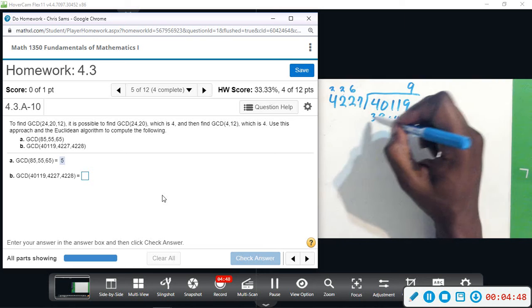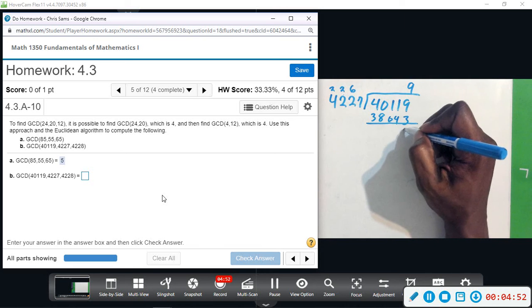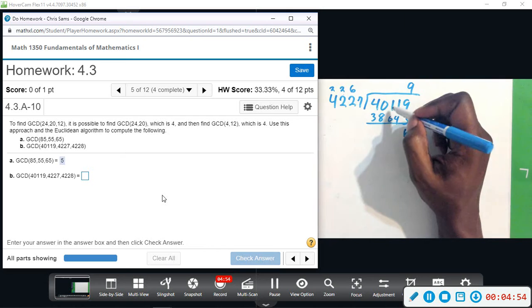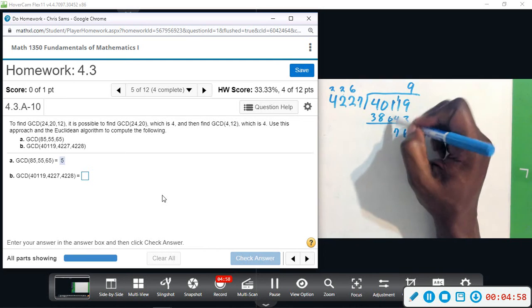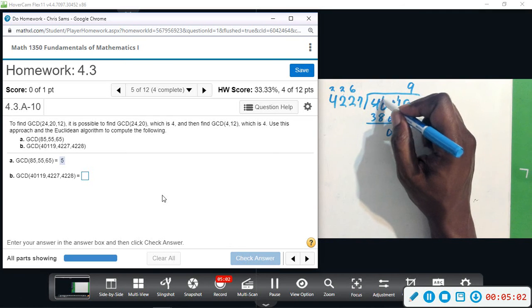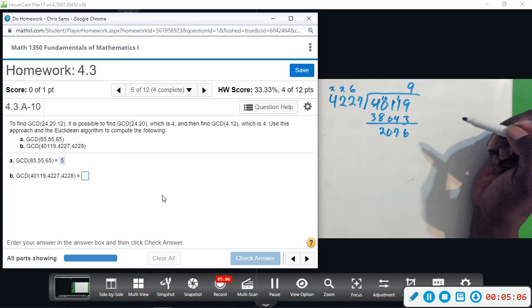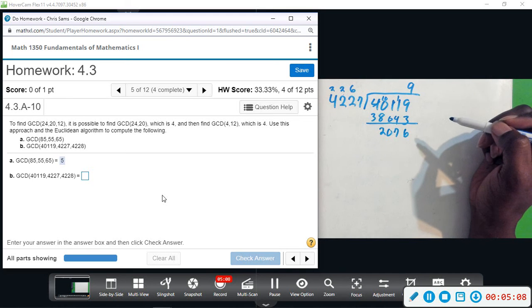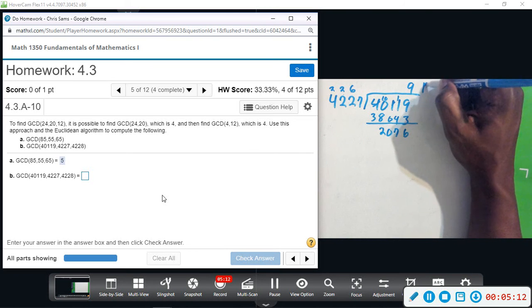Okay, so it goes in there 9 times. Subtract this off, we get 3 or 6. Got to borrow 1, so 11. Take away 4 is 7. Zeros here. Got to borrow. Comes 10, take away 8 is 2. So we have a remainder of 2076.